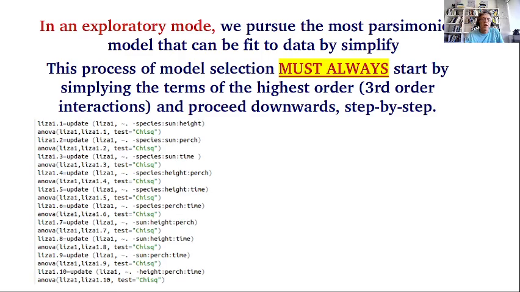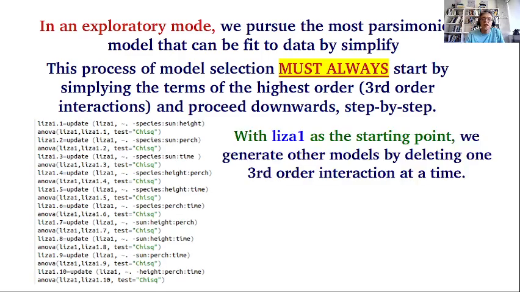So I used Lisa 1 as the starting point and generated the specific model Lisa 1.1, in which I deleted a specific third order interaction, the interaction between species, sun, and height. That is a special case of Lisa 1 without this interaction.